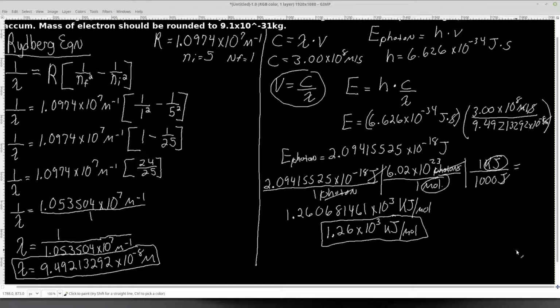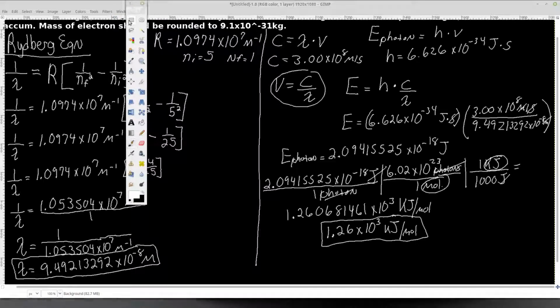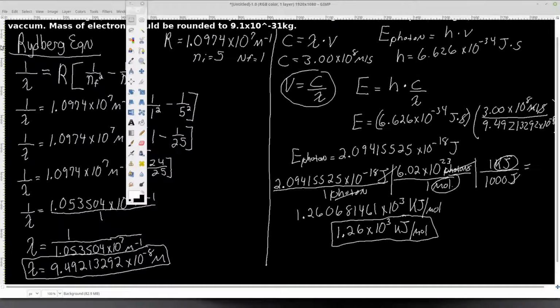So now to move on to the next one, I need to clear this off so we can look at the next one that we're going to do. So I'm going to get rid of all this. Alright, grab my little toolbox here and let's delete some of this out. I'm so sad that I got to delete this because this was a lot of work.